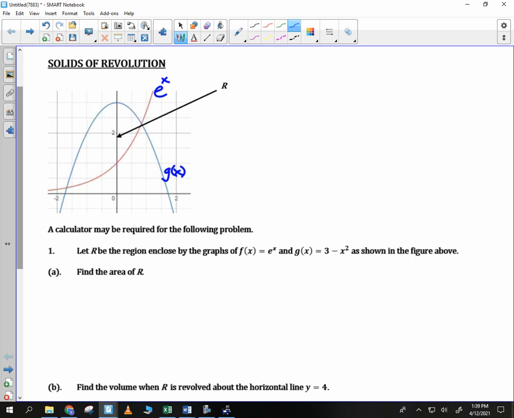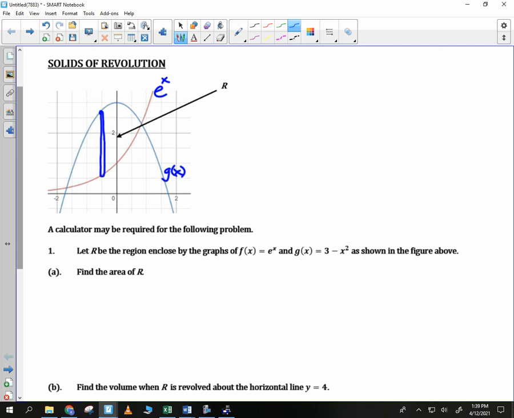Do you remember how you find area between two curves? Okay. Excellent. We draw the rectangles. So we are not going to rotate it yet. We are going to do that eventually. But the first thing we have to be able to do is find area.